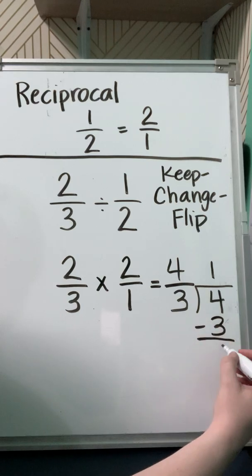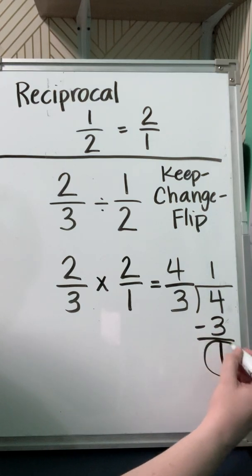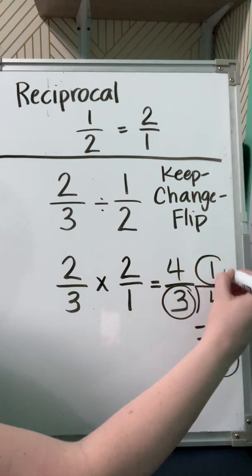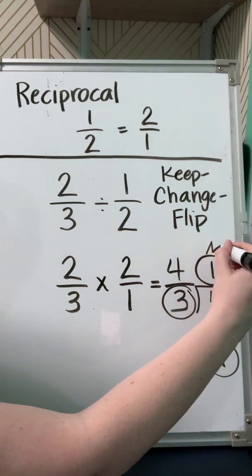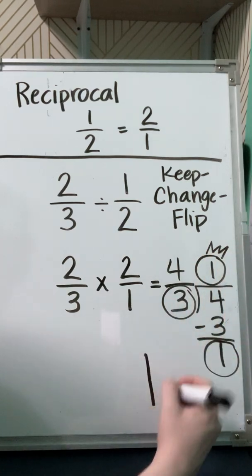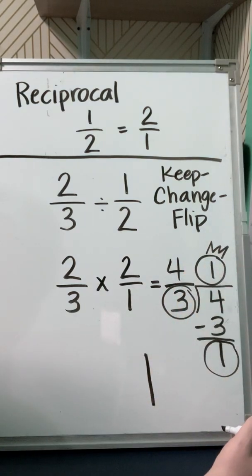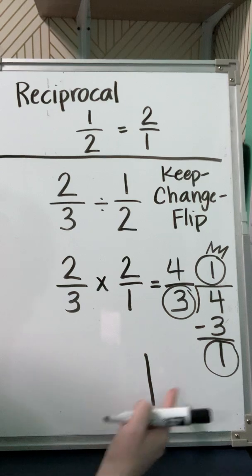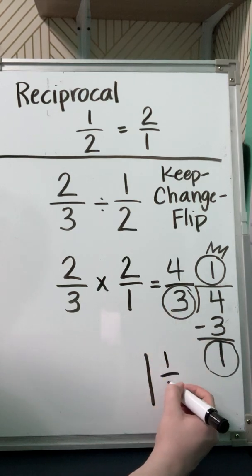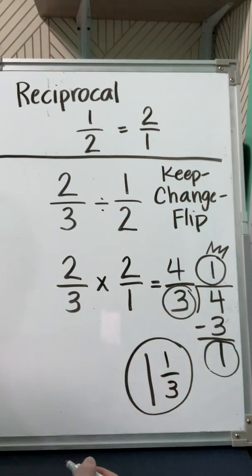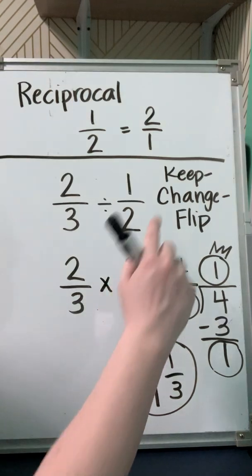We're going to subtract. We get 1. So now we're going to circle our 3 main numbers. And our answer, this is our king, our answer is 1. He's our 1. He's the whole number. That's why I put a crown on him, because he's going to be the big number, the whole number. So 1 1/3 is our answer for that. Okay, so all you have to remember is that keep, change, flip.